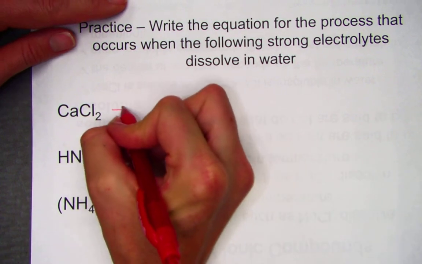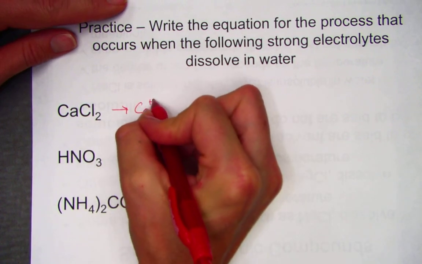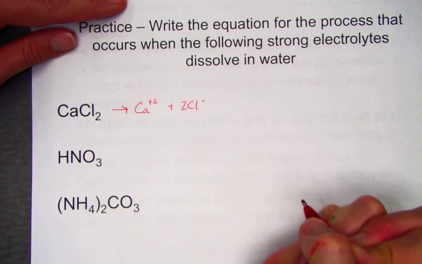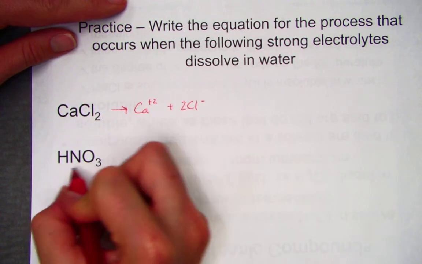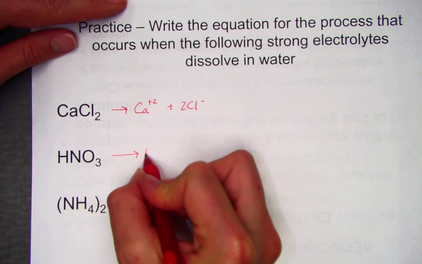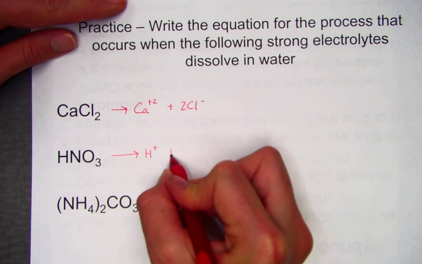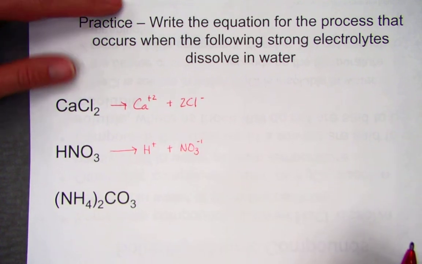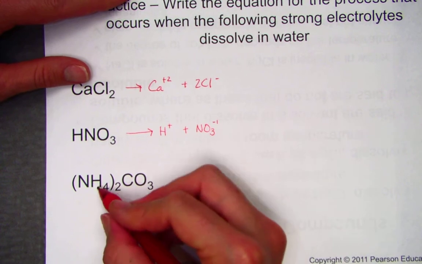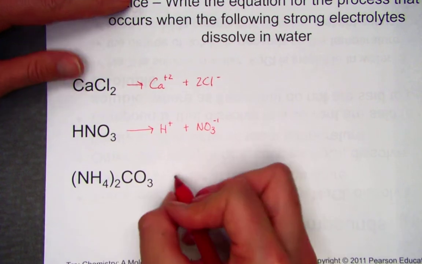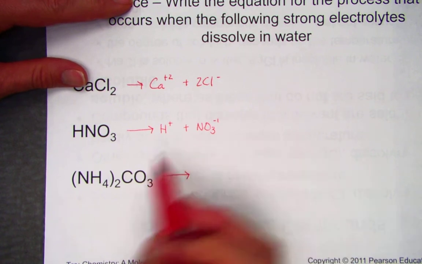Calcium chloride dissociates to give a calcium with a +2 and 2 chlorides with a -1. Nitric acid, indeed one of the 7 strong, so no equilibrium arrow, 100% dissociates into a hydrogen ion and the nitrate polyatomic ion. Ammonium carbonate. Say the name and you hear the ions that it comes from.